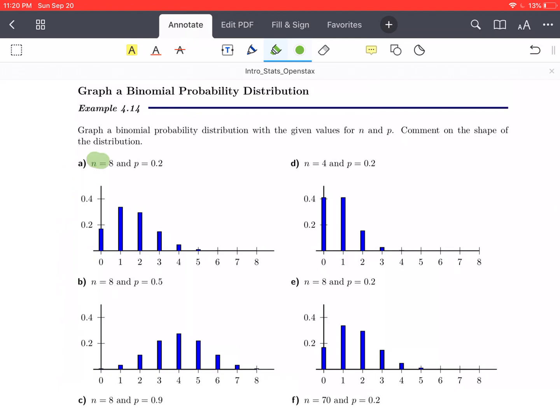Starting with A, if we have 8 trials and a probability of success of 0.2, notice we're all kind of hugging the lower end down here. But as soon as we go to 8 trials and 0.5, now we have a little more of that standard bell-shaped curve, right? It's more symmetric, it's more centered.